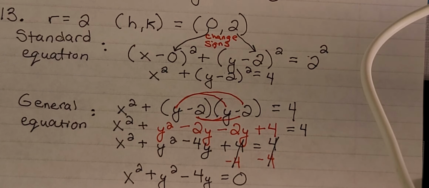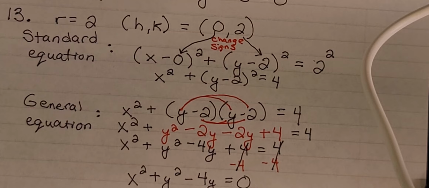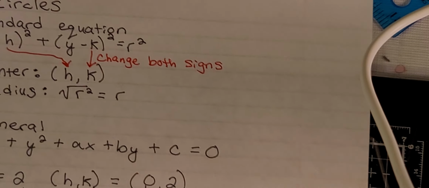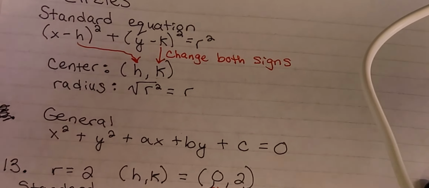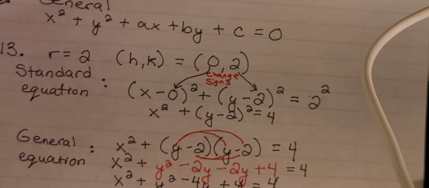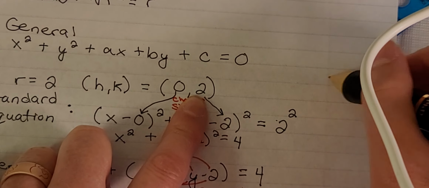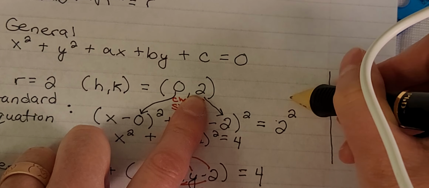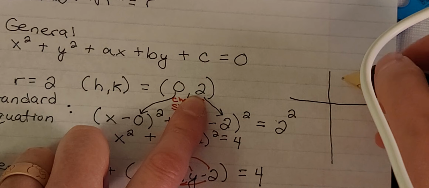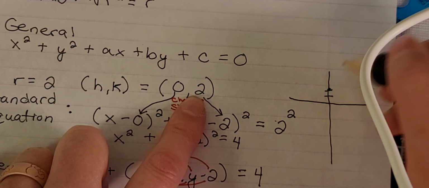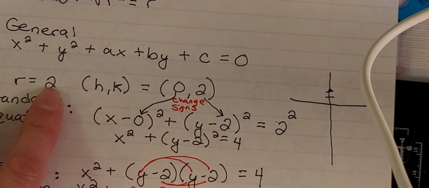And then it wants us to graph this circle by hand. So I would probably go with this. So you know 0, 2 is your center. So 0, and then we go up 2, put your dot. Your radius is 2.